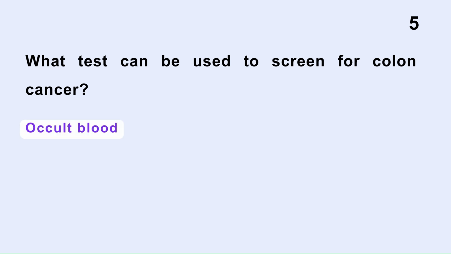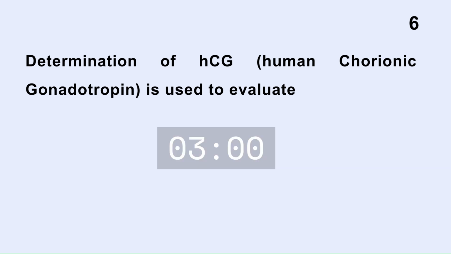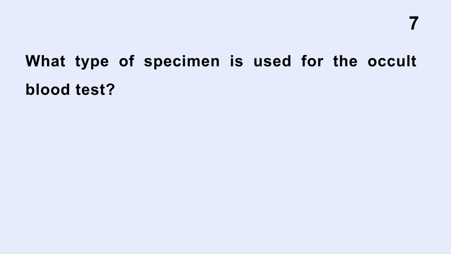Occult blood determination. HCG, human chorionic gonadotropin, is used to evaluate pregnancy. What type of specimen is used for the occult blood test?